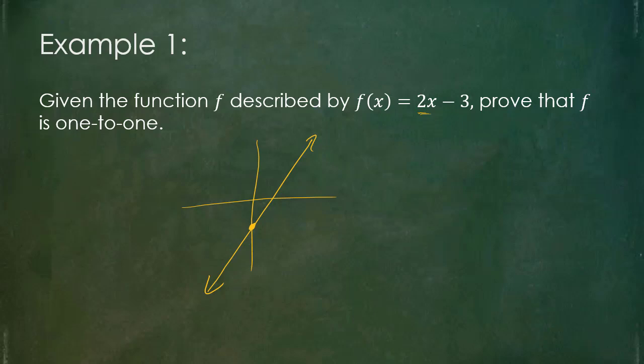So this one, since it does always increase, that then means that it's one-to-one. Which then our conclusion that we could make, since that is one-to-one, is if I were to find the inverse, that function also would be a function.